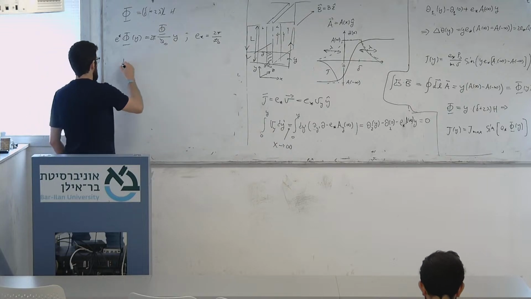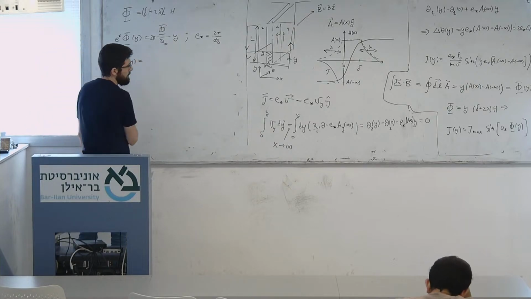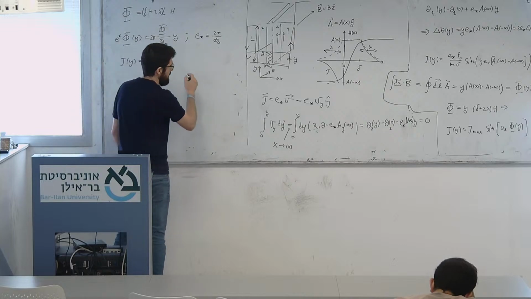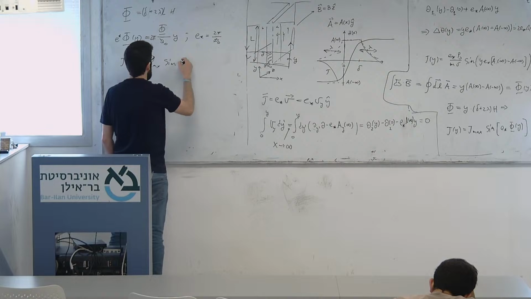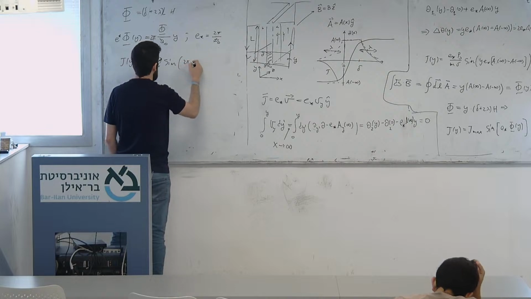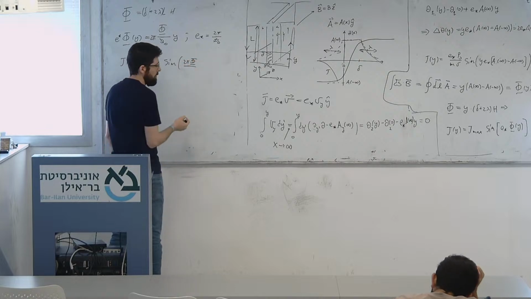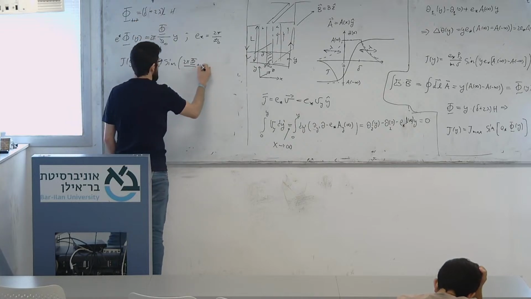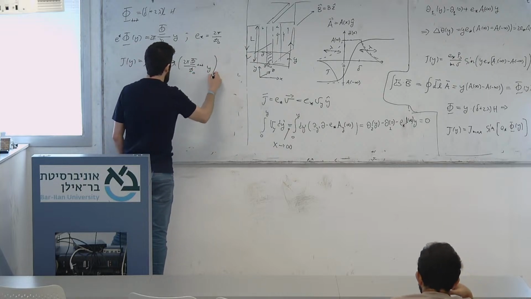So basically what I get is that J of y is equal to this J max sine of 2 pi phi, the total flux. Just to make it clear what I mean, this is total flux over phi naught times y.